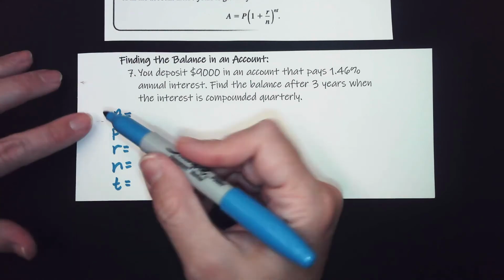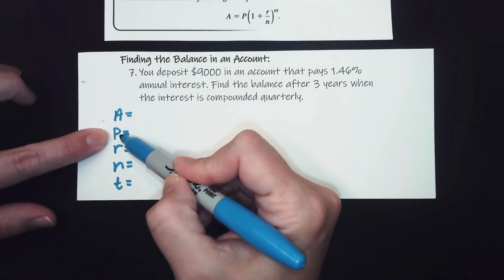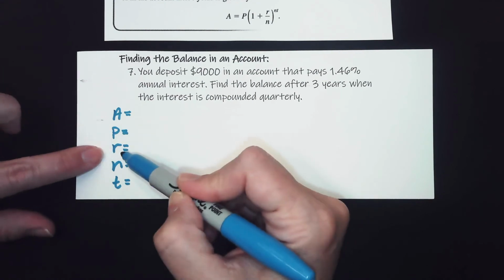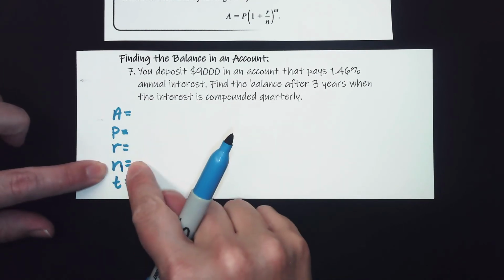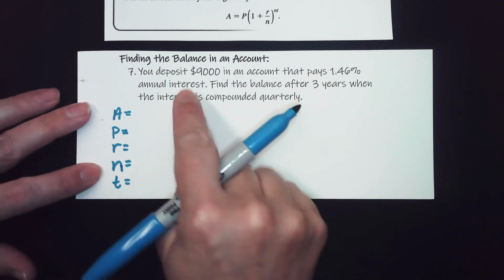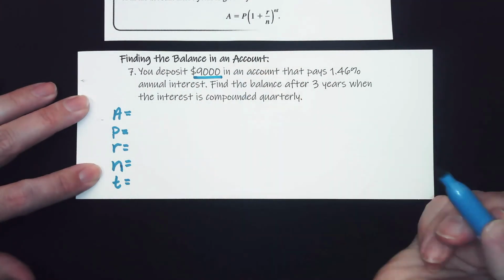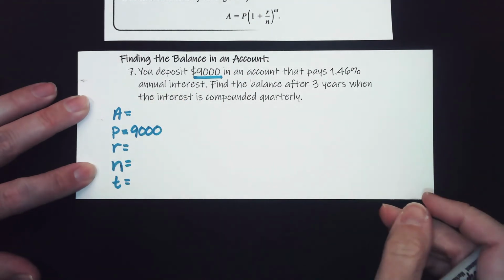A is the amount after so many years. P is the starting amount, the initial, the principal. Rate, number, this is an N, so number of times it compounds, and T is for time, which is years. So I deposit $9,000, so that's what I'm starting with, so I'm going to put that under my principal.